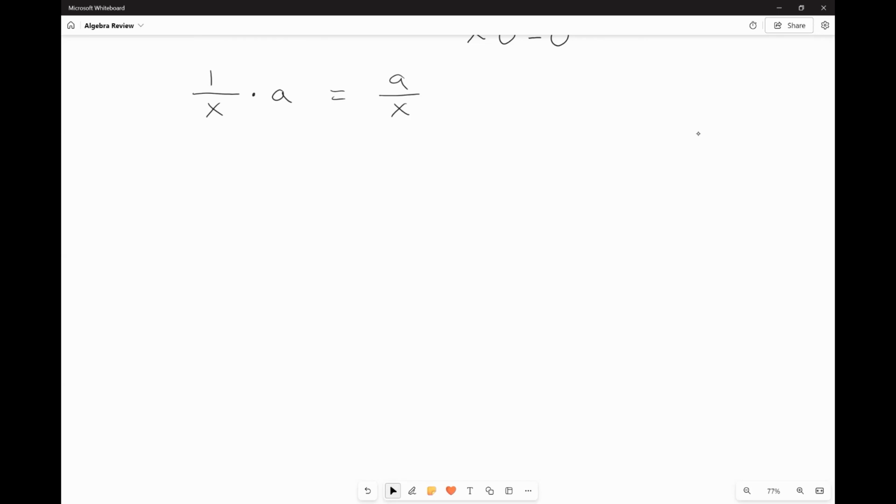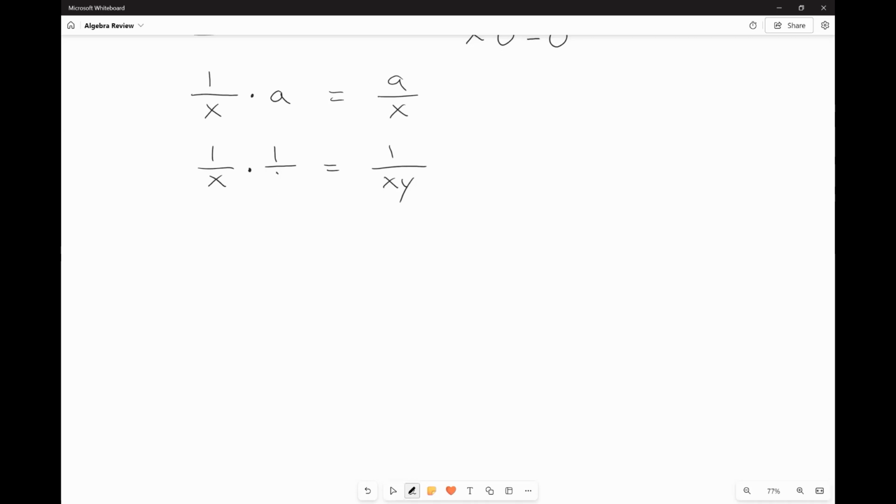Similarly, if you have two fractions, let's say we have 1 divided by x times 1 divided by y. That's the same thing as 1 divided by xy. When you multiply fractions, you just multiply the numerators together and you multiply the denominators together.